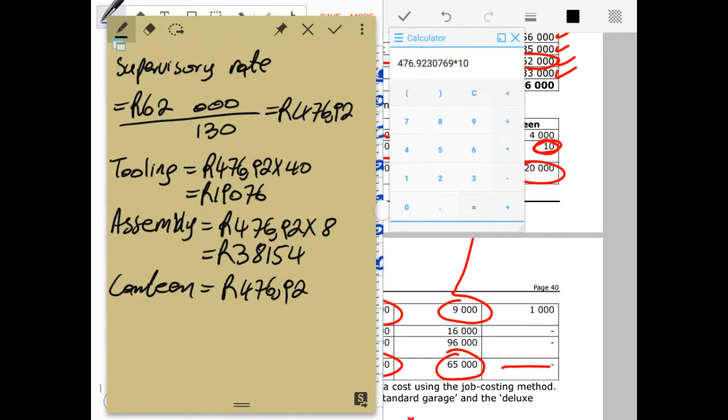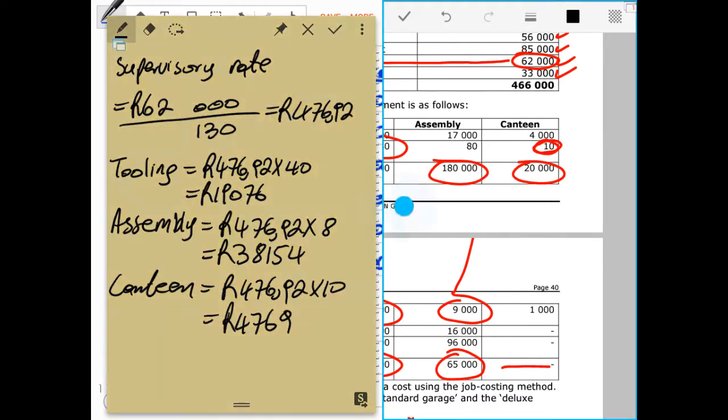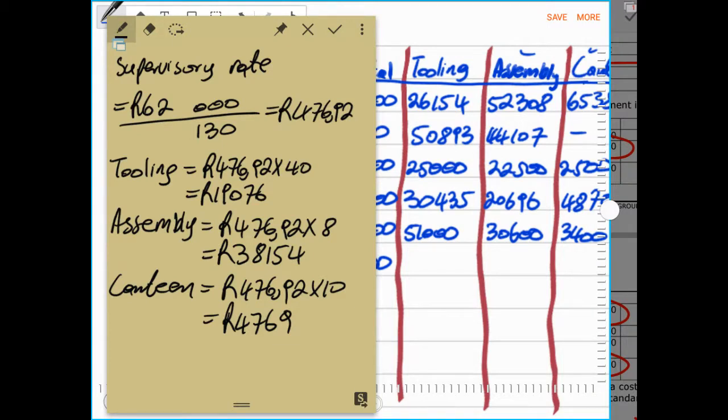Then multiply that by 10, it will be 4,769. So now from here we can just allocate these amounts to their respective departments.